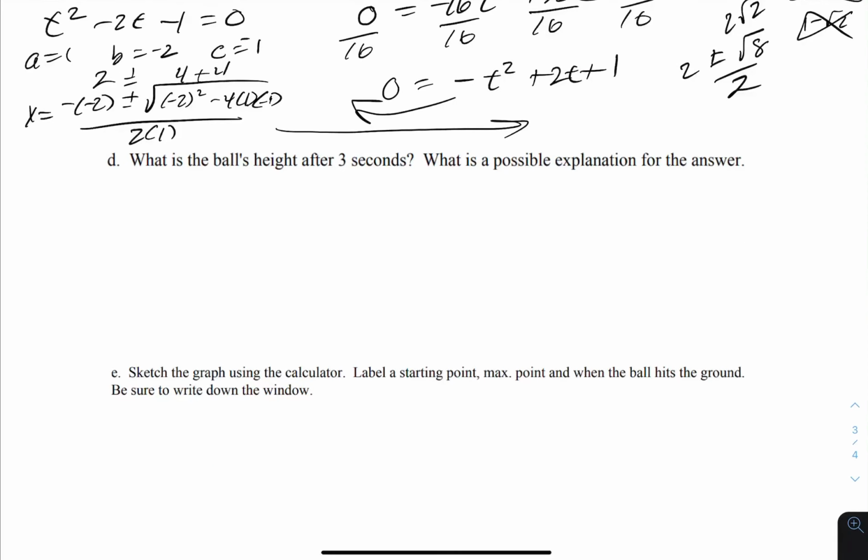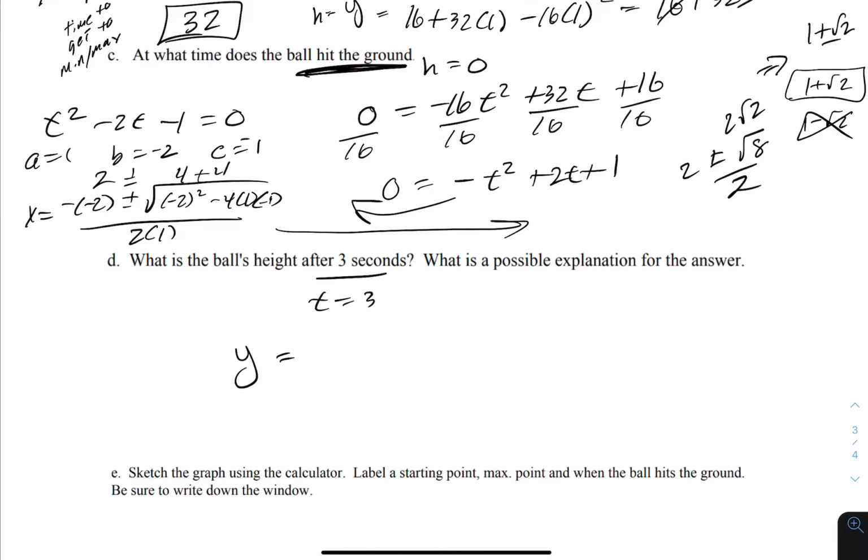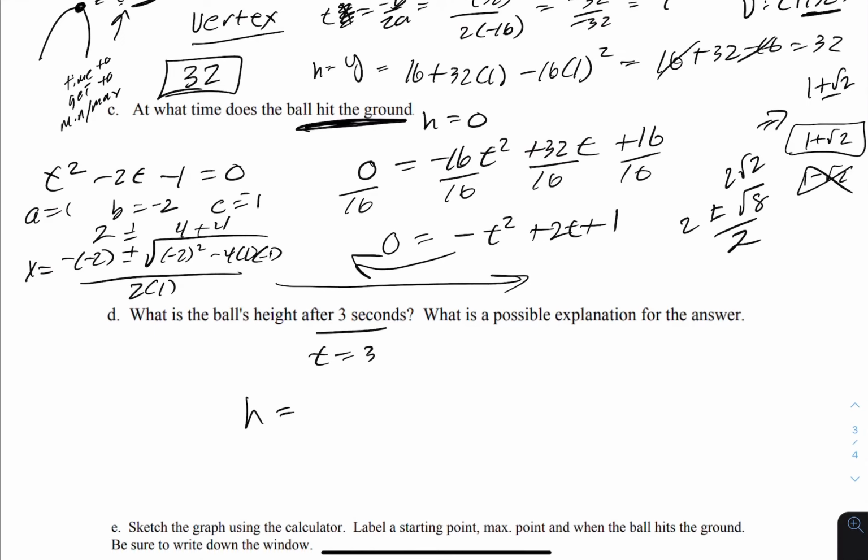What is the ball's height after 3 seconds? That just means plug in 3 for time. So we had this, it's actually h, what I put in for y. Equals negative 16 times 3 squared plus 32 times 3 plus 16.